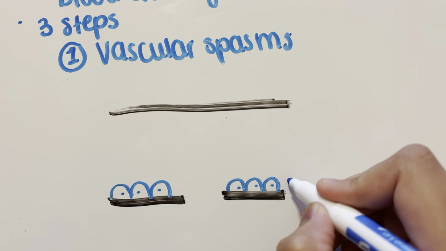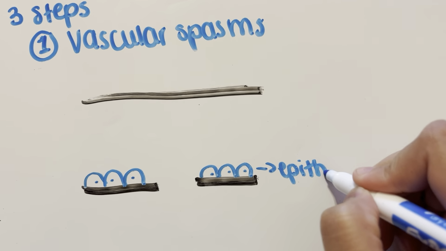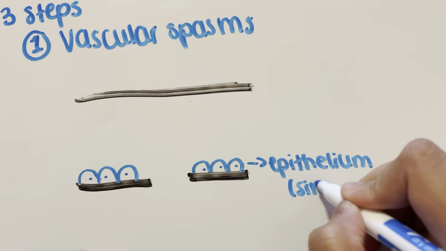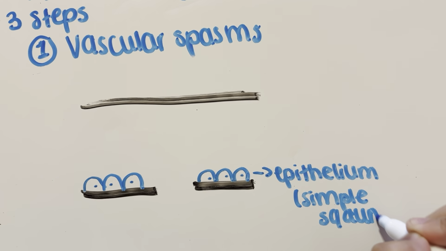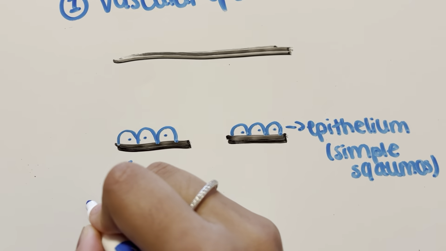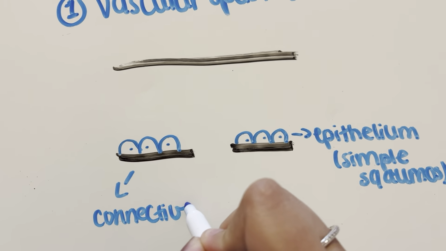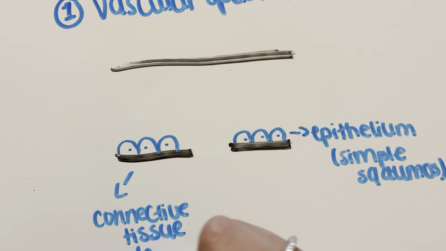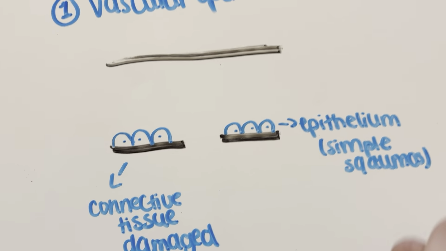Okay, so this is my epithelium, and we'll say simple squamous. And my connective tissue outside is damaged. So there's a lot of damaged stuff happening.